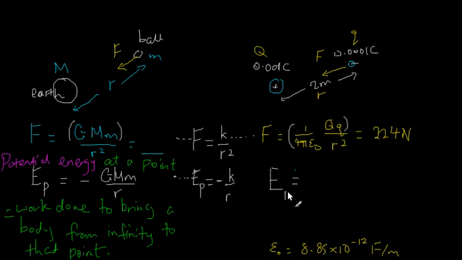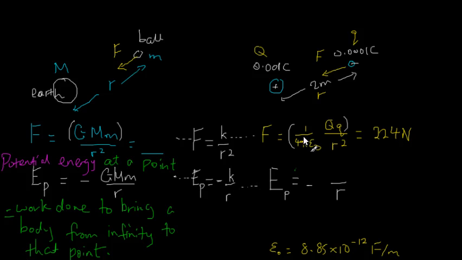In the same way, we would expect that if I start with Coulomb's law, because it has the same r squared as the gravitational law, I would end up with a potential energy formula of the same form. It will be something over r, and there will be a minus sign as well. The difference would be in the constant.